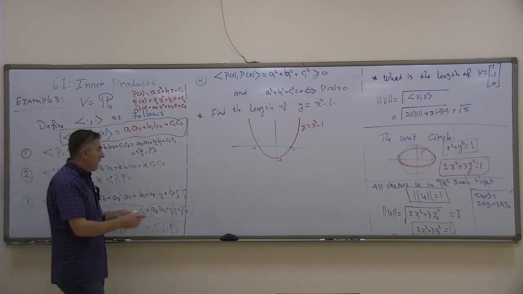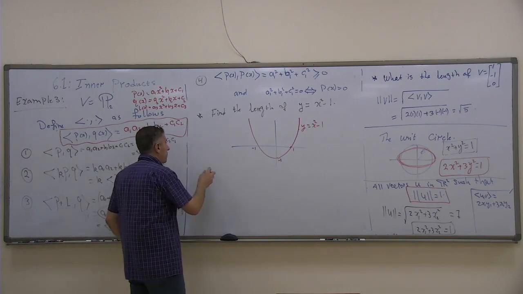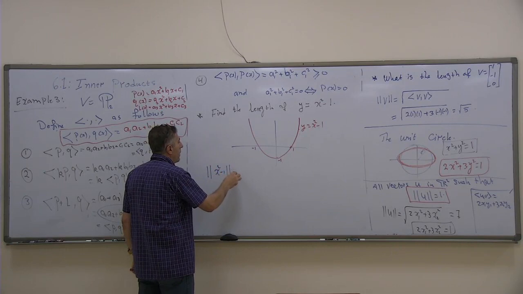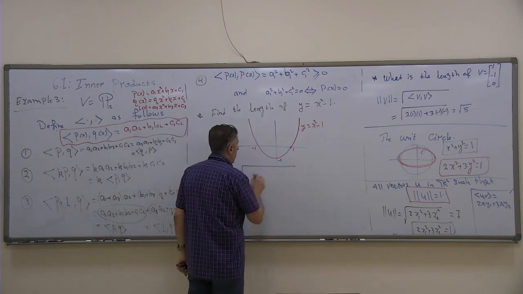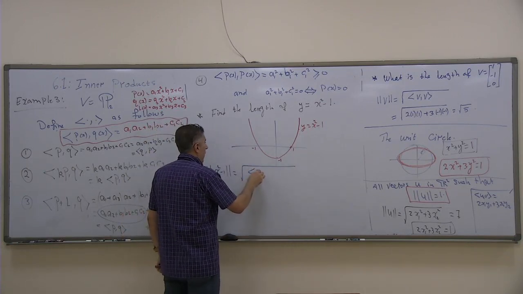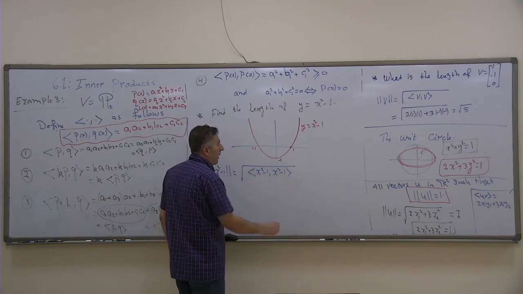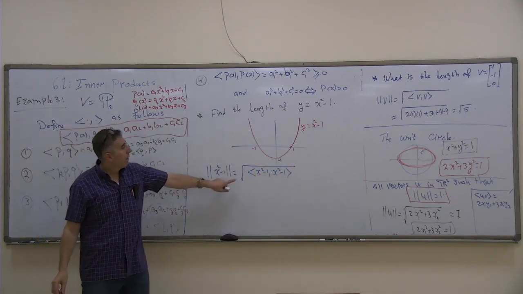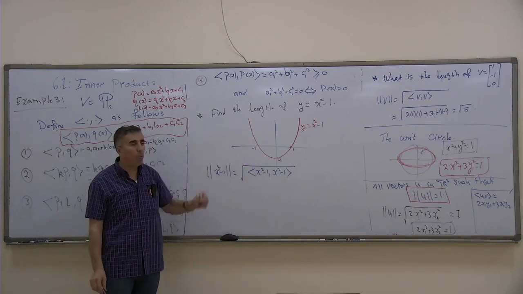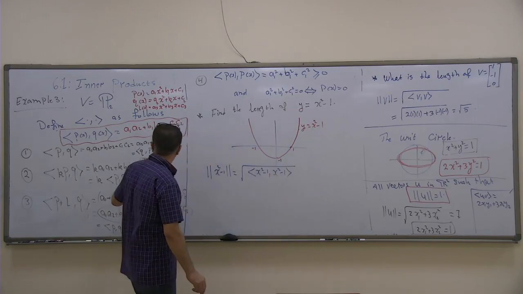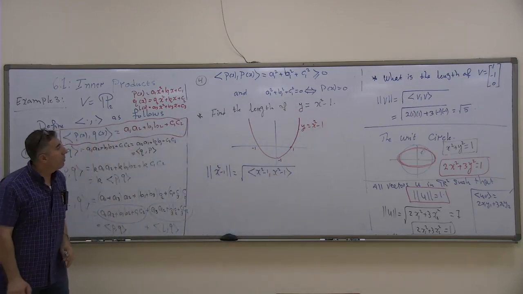So how do you do that? Here is how you do it. The length of x squared minus 1 is the square root of the inner product of x squared minus 1 with x squared minus 1. This will give you a well-defined quantity. That is what we call the length of this polynomial under this inner product. So what is that?